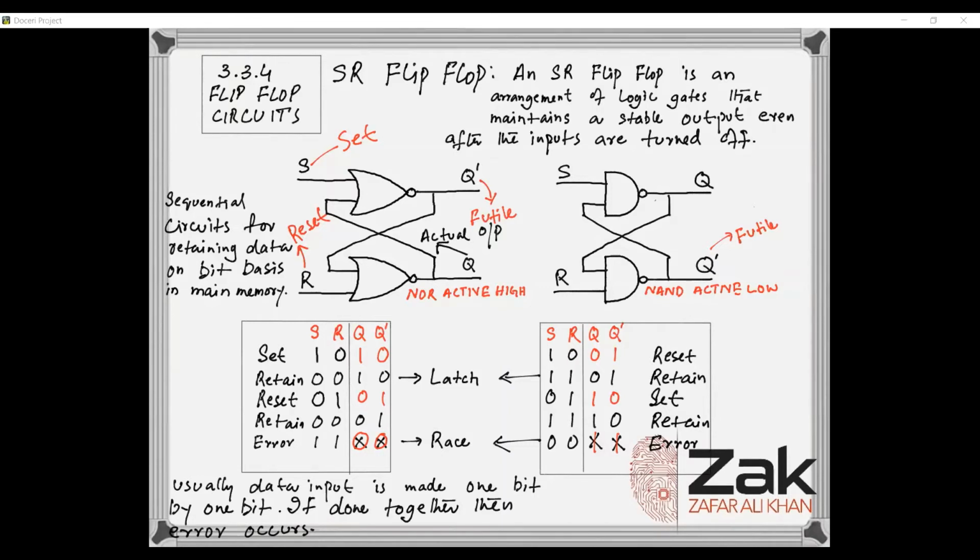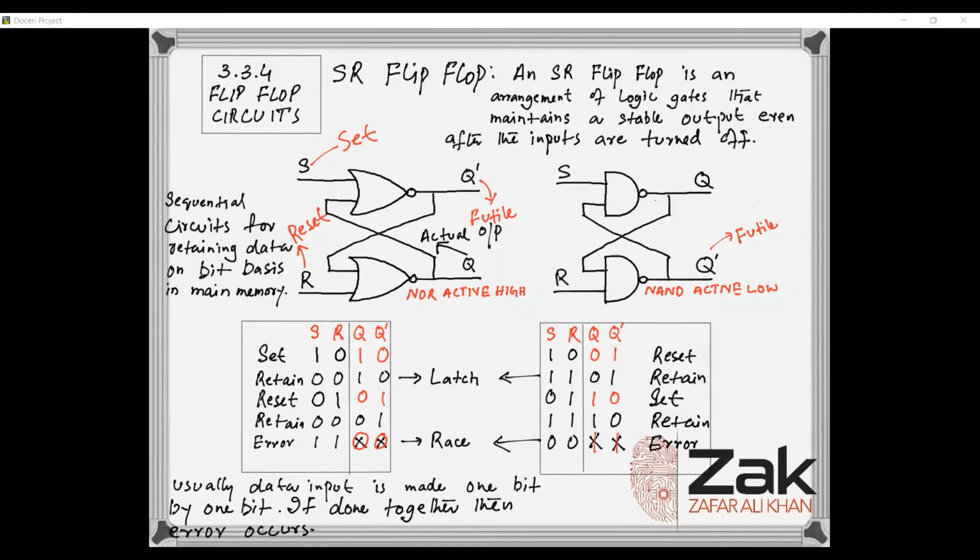Now, pay attention to NAND-based. Although it is not part of the syllabus and it is not asked, I felt that you should know about it. In NAND-based, things get reversed, and that becomes very confusing, so you have to pay attention. Retain is now with 1 and 1. 1 and 1 was an error in the NOR-based SR flip-flop.